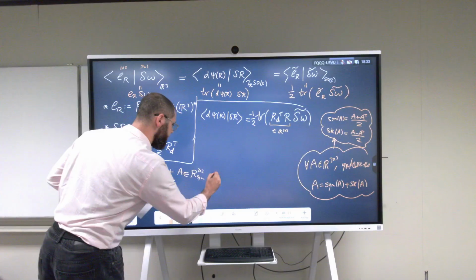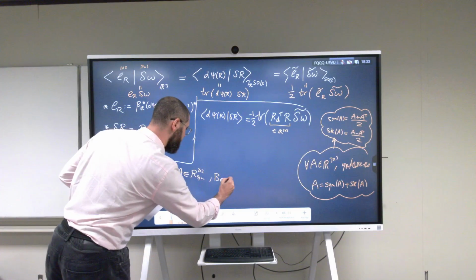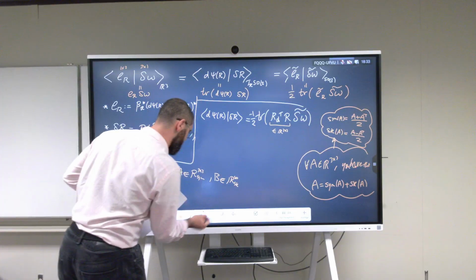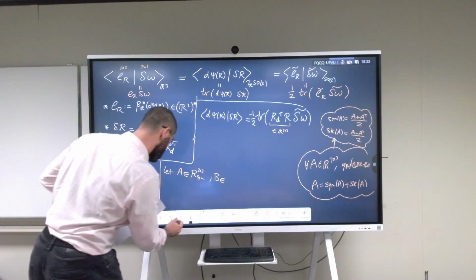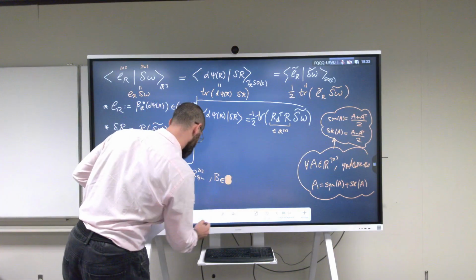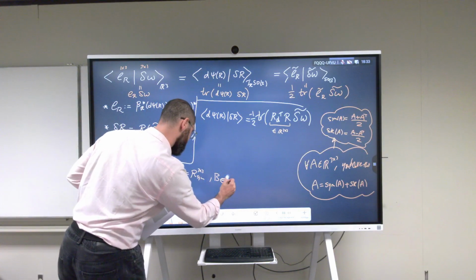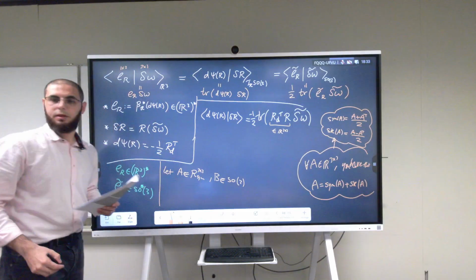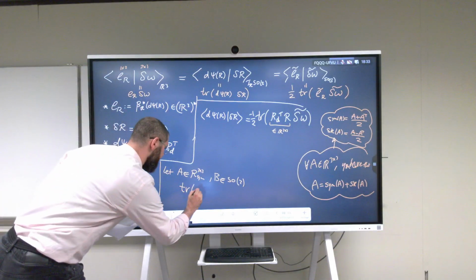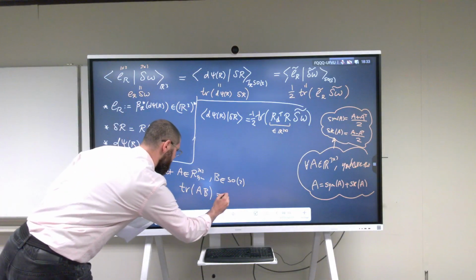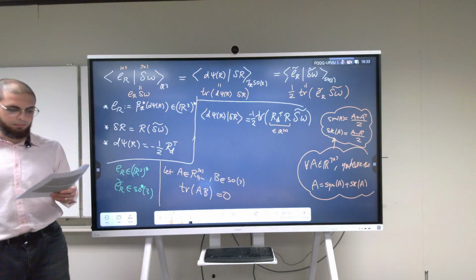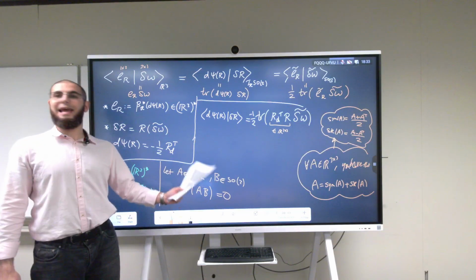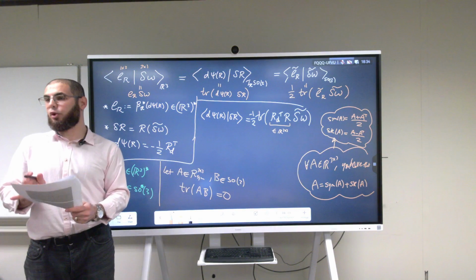And let B be in the skew-symmetric part, which is SO3 here. Then if I take the trace of A and B, I get 0. That's something you can prove for yourself. Take any skew-symmetric matrix and any symmetric matrix, take the trace of both of them, you always get 0.